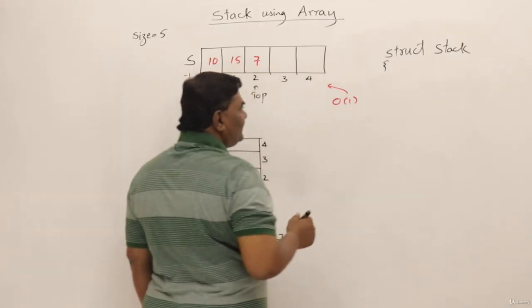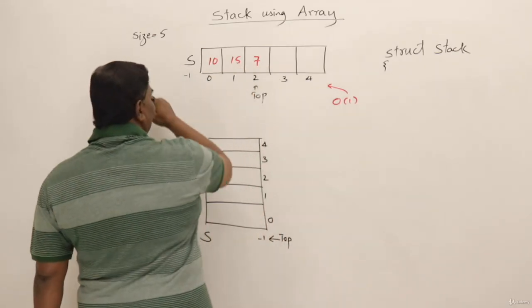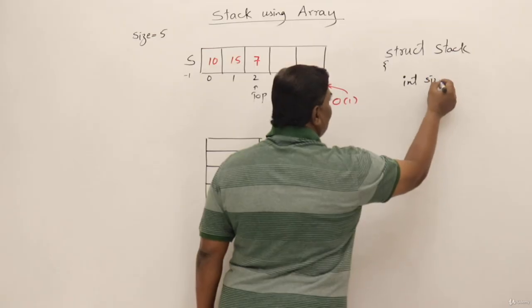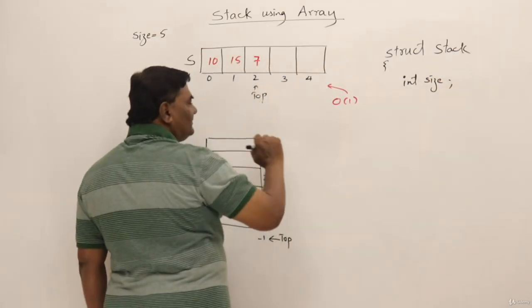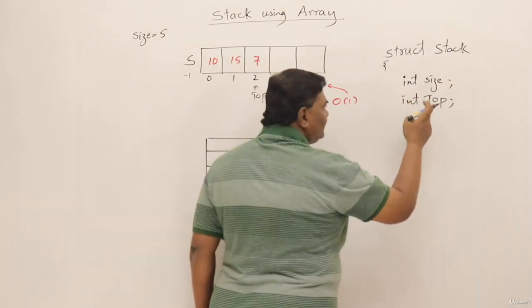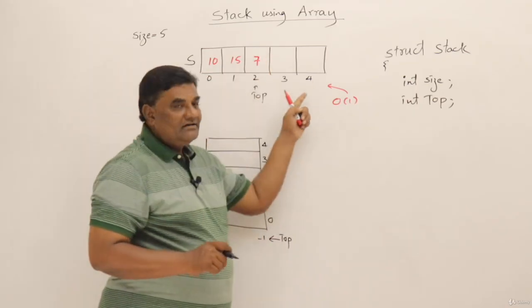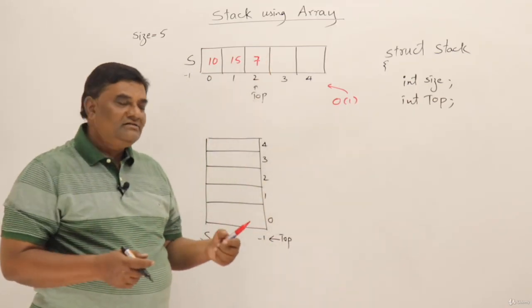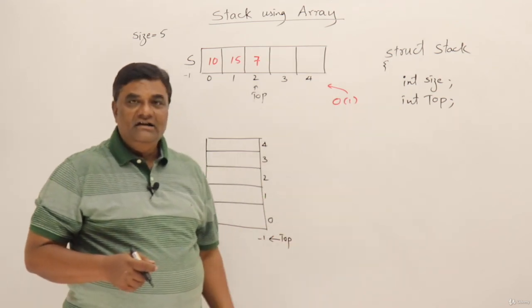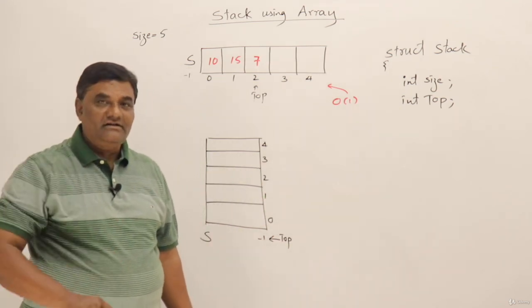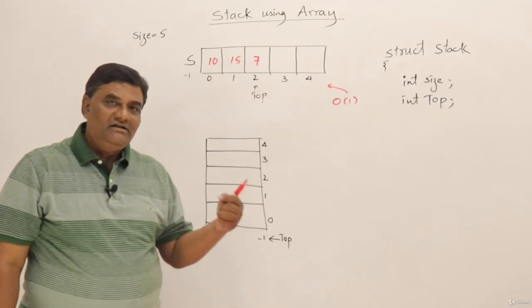Then what are the members we require? First, I will take size, an integer size. Then I will also take the top pointer, top. Then I need an array. Shall I declare an array of some fixed size directly, or shall we decide at runtime and create the array? We will decide at runtime and create the array.